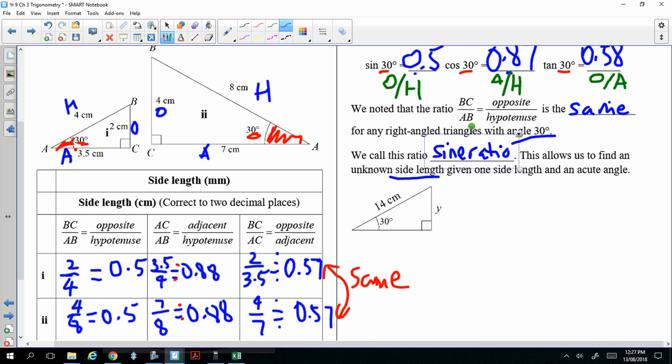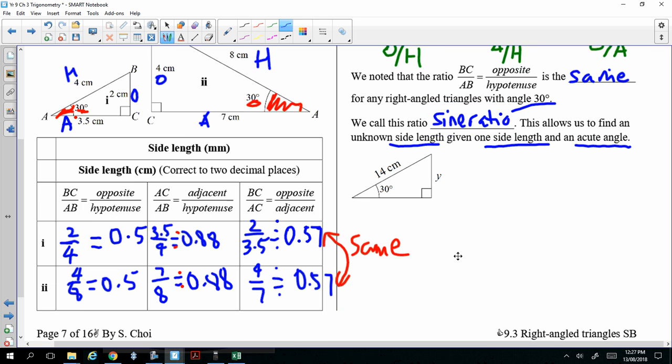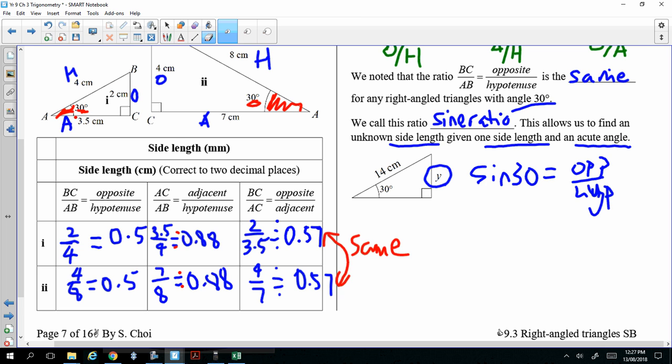Okay, for example, I'm going to work out what y is. And to work out what y is, we know sine 30 is opposite over hypotenuse, right? Now, we don't know what the opposite is, but we do know what the hypotenuse is. So I could work out what opposite is.